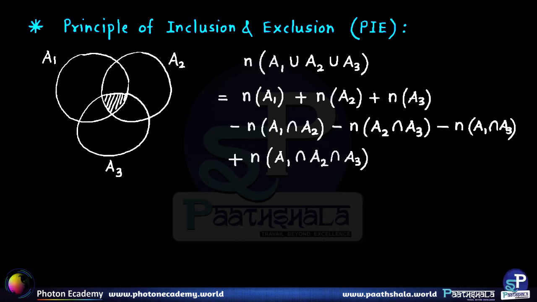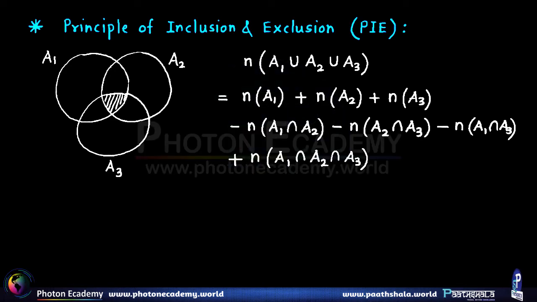Now we can generalize this principle, that is, it can be extended not only to three sets but to any number of sets or events. So therefore we can write the generalization now.